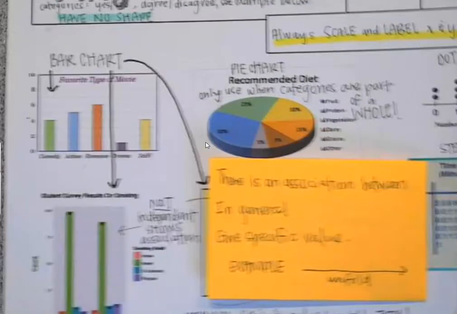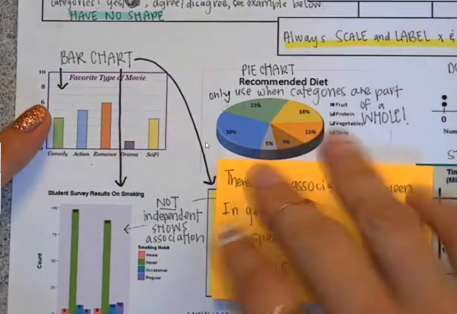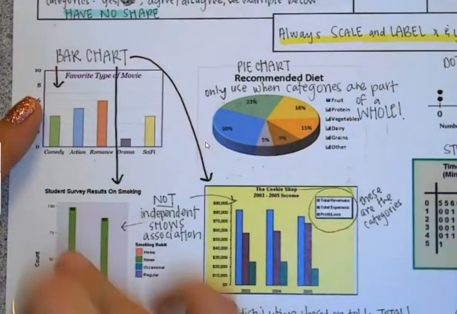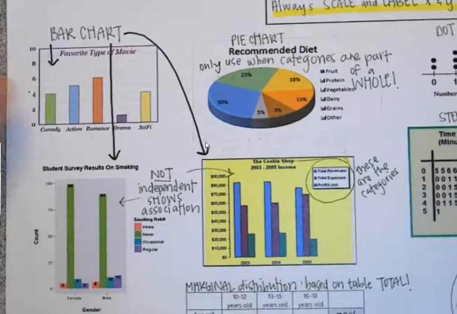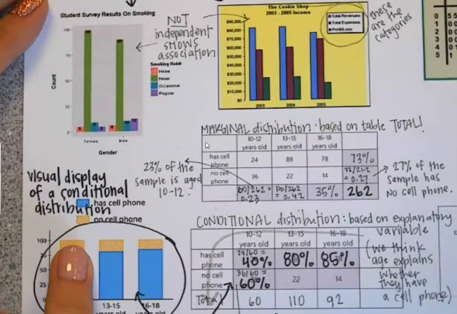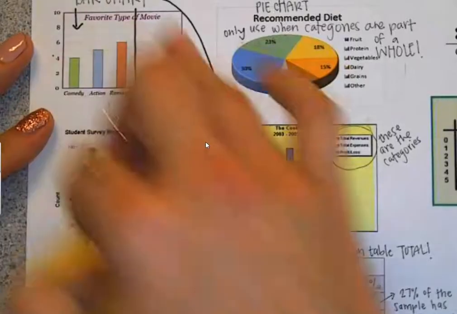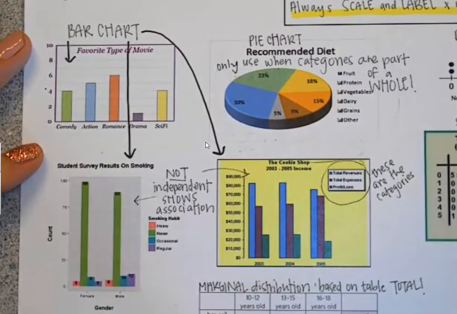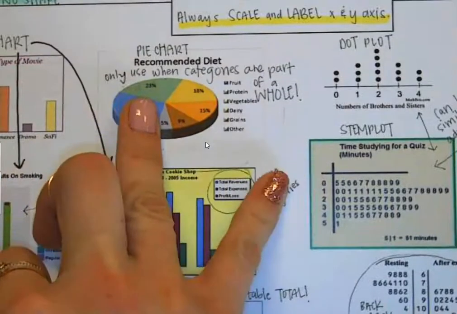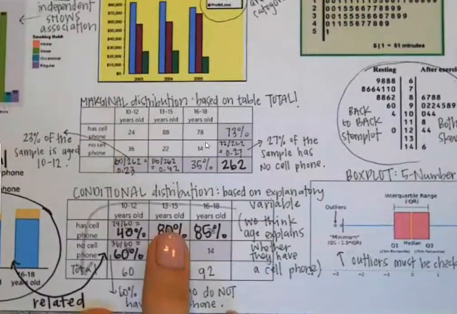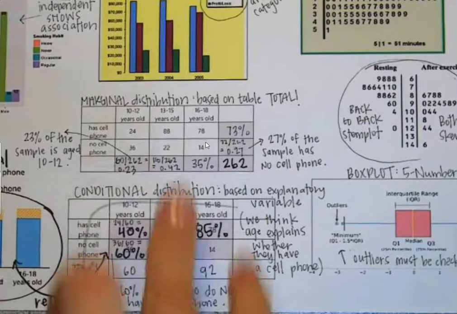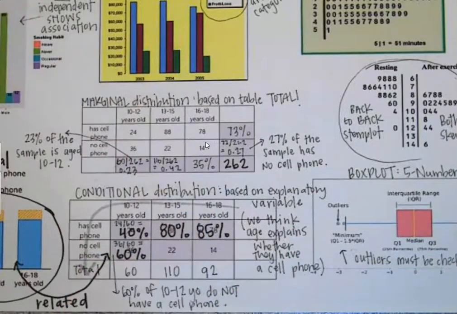So that all being said, I labeled what these are. These three things are bar charts. Actually, this is a bar chart too, so I should have drawn another arrow. All of these are bar charts. This is a pie chart. These are two-way tables.